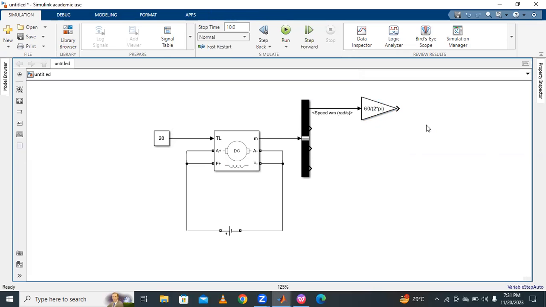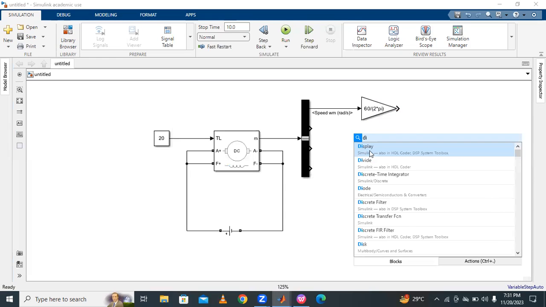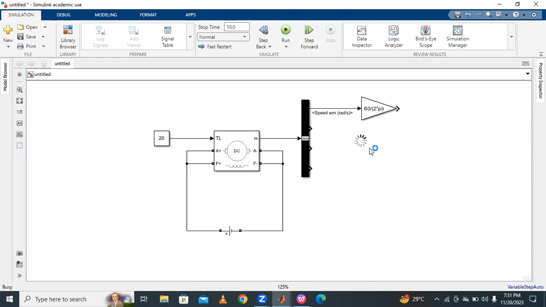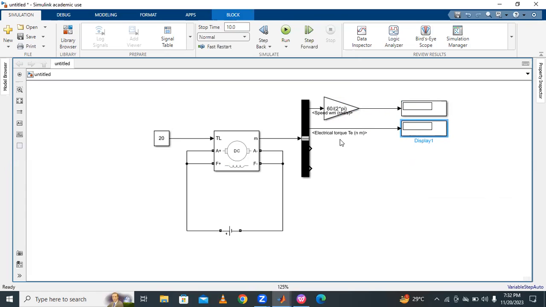If you want to know the value of speed, take one display, right here, display on the screen. Select a display and place it here. To know the speed versus torque characteristics, this is our speed display. In the same way, take another display. This is the electrical torque in Newton meters.